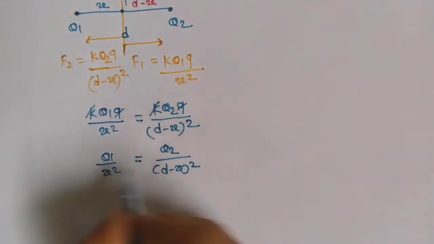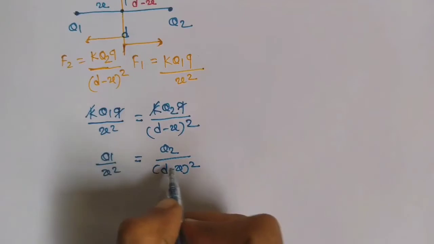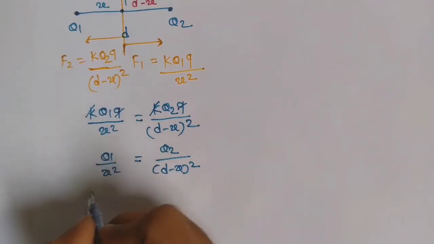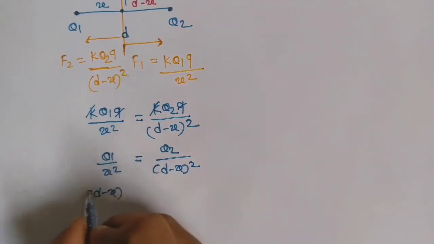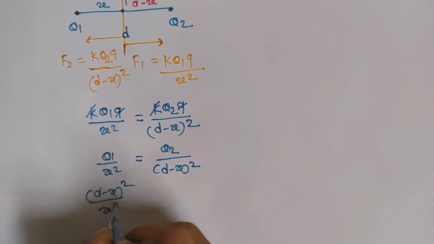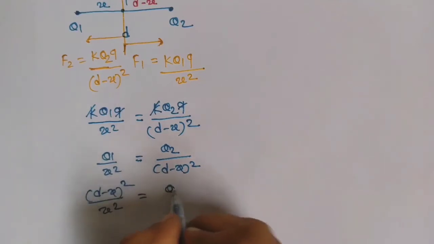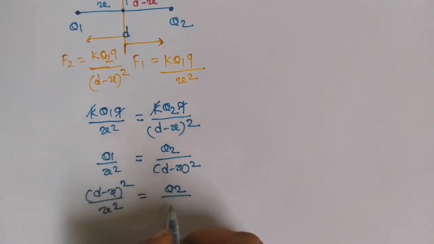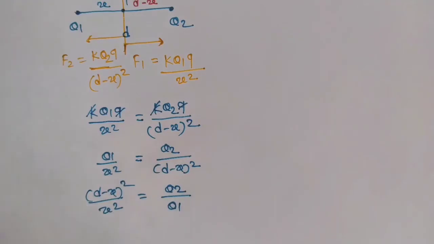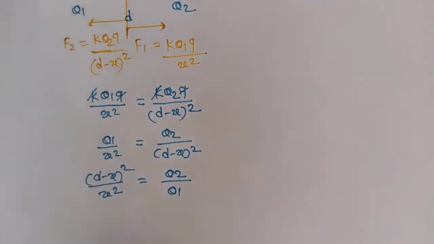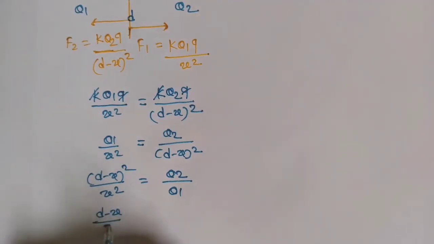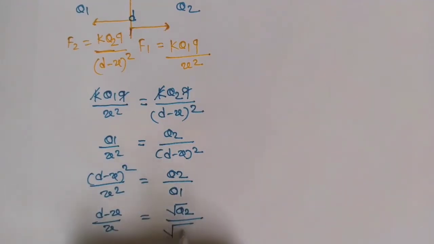Here we interchange. So this is D minus x square by x square is equal to Q2 upon Q1, as Q1 goes to the denominator. By taking square root, this becomes D minus x upon x is equal to under root Q2 upon under root Q1.